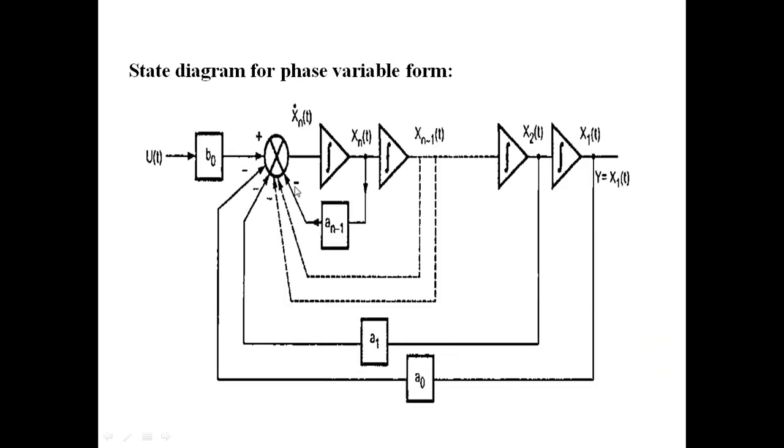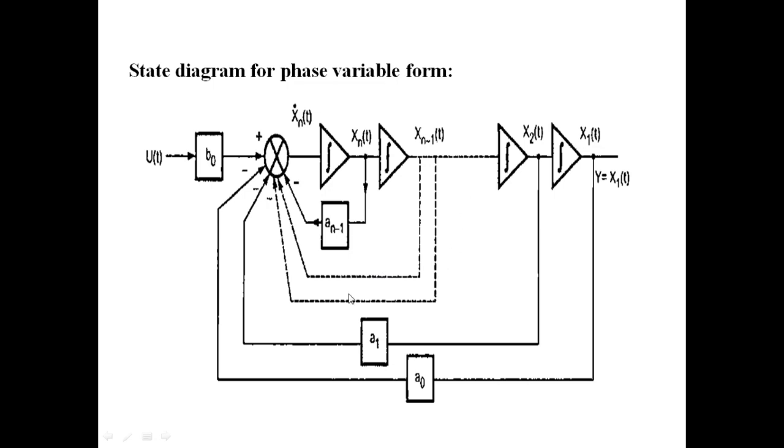And next, this one we give to the next integrator, since xn of t is the differentiated form of xn minus 1 of t, which is given to the integrator again. The output of this integrator is xn minus 1 of t, and again there are scalar factors present here, that is an minus 2, here an minus 3. It will continue till a1.